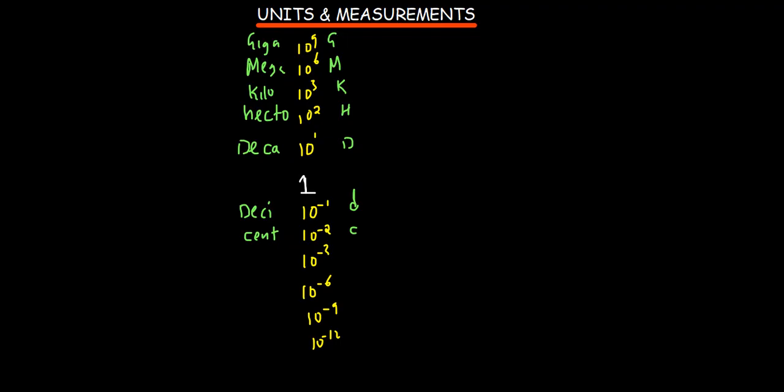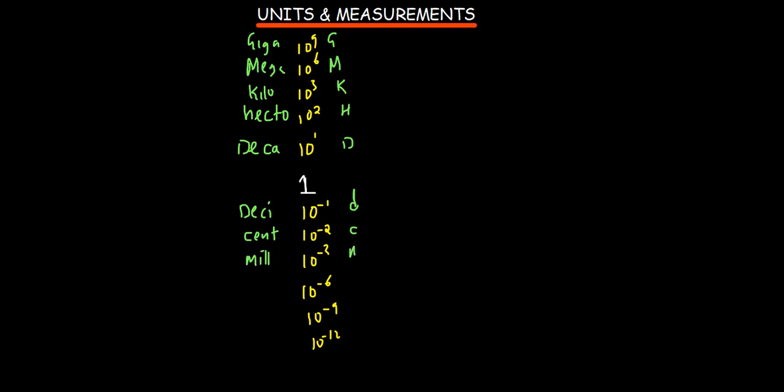10 to the power negative 6 is what we call a micro. So the symbol we use there is mu. It looks like a u. That's mu. The 10 to the power negative 3 is a milli, like millimeter, right?